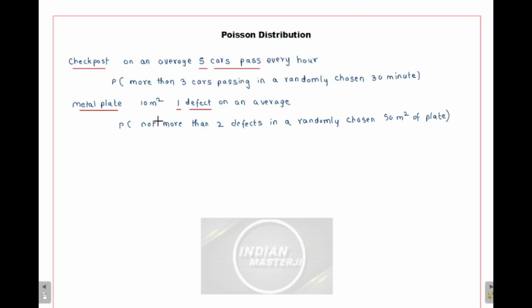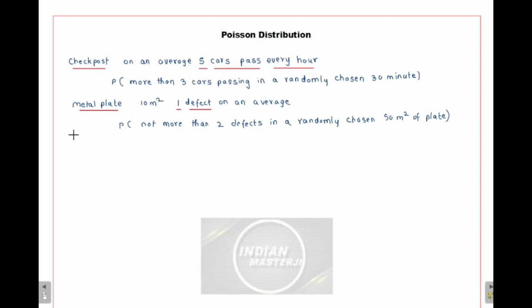Then we have introduced something called the mean, or the average rate of occurrence of that event. Here every hour 5 cars are passing, so the average rate of occurrence of cars passing through the check post is 5 cars.